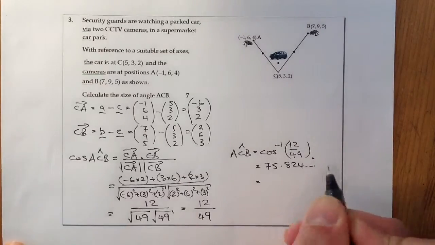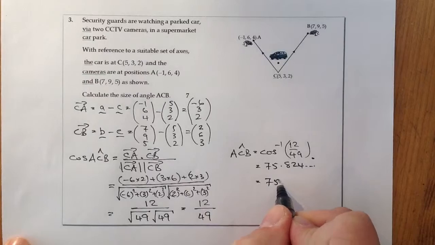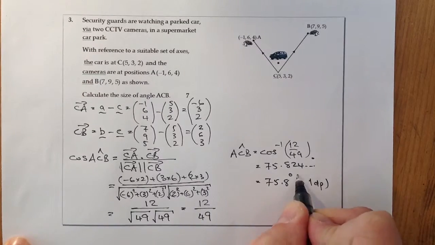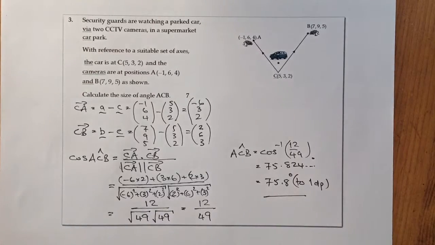I'll round that to 1 decimal place, so that'll be 75.8 degrees to 1 decimal place. That'll be the question complete.